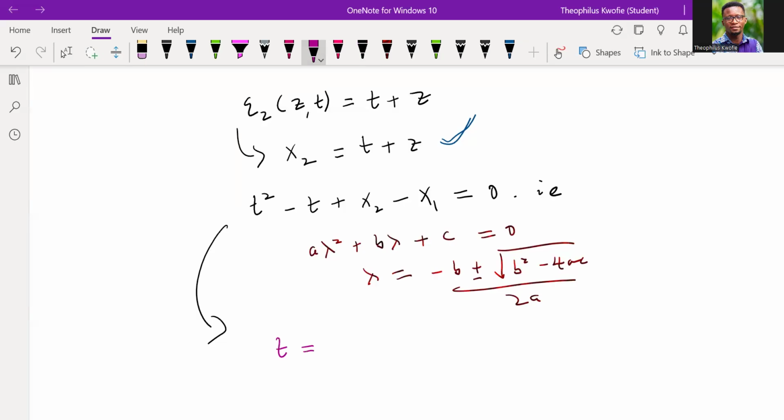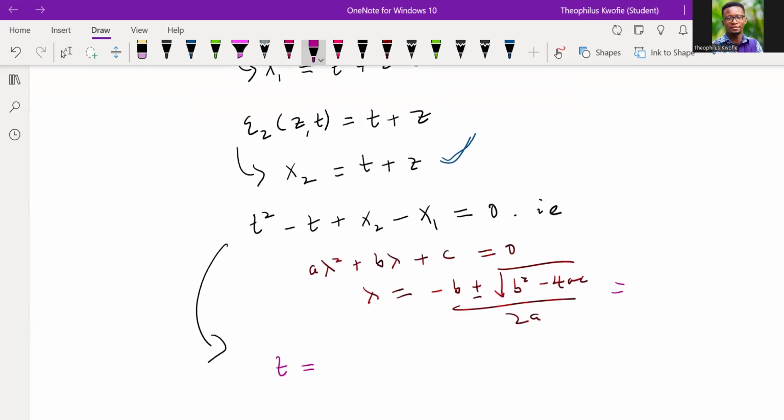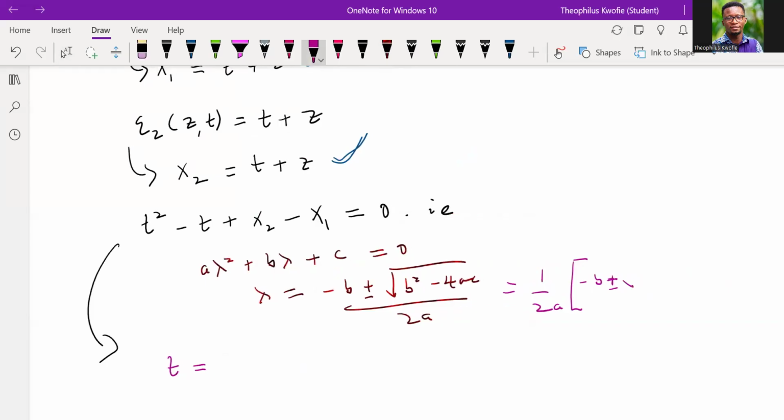t equal to, you're going to have what? But this can also be written as, maybe let me just make it more simple. So this can also be written as simple as this.